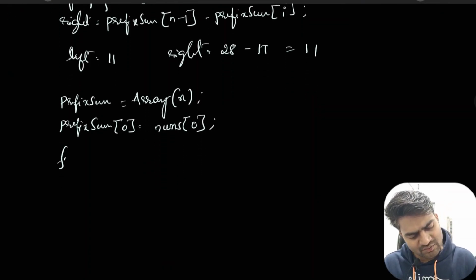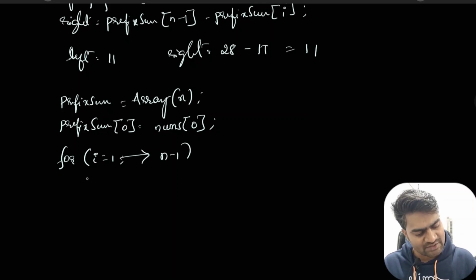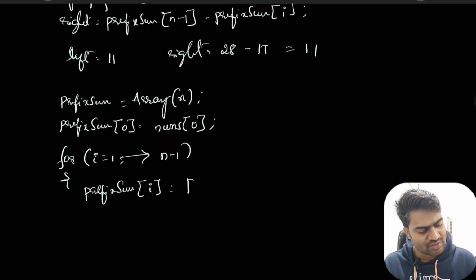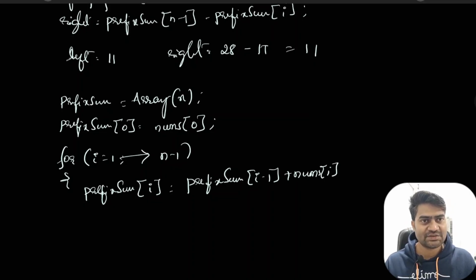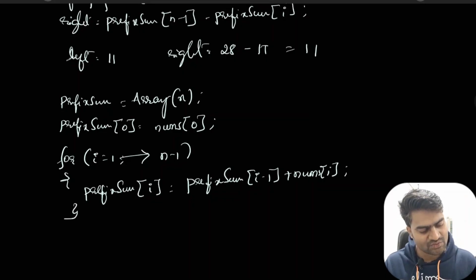Then for I equal to 1, because already I have processed index 0, till n minus 1, I will say prefix sum of I is equivalent to prefix sum of I minus 1 plus nums of I. Okay, so this gives us the running sum at index I. So this array will compute the running sum.